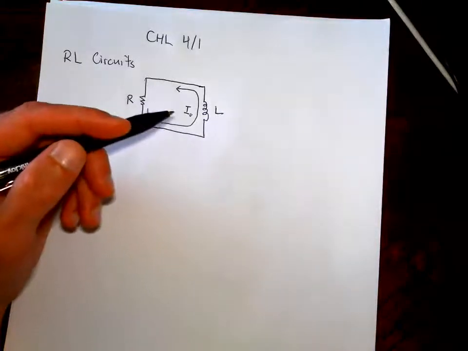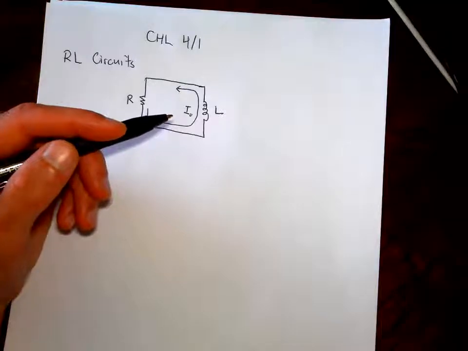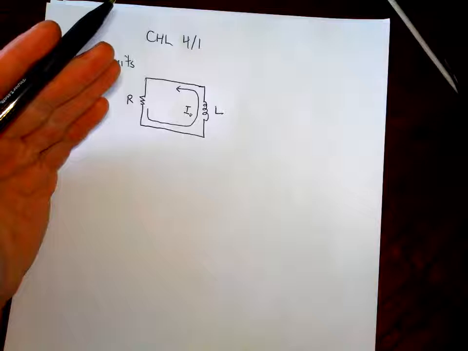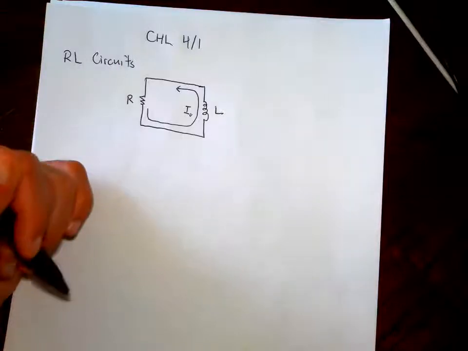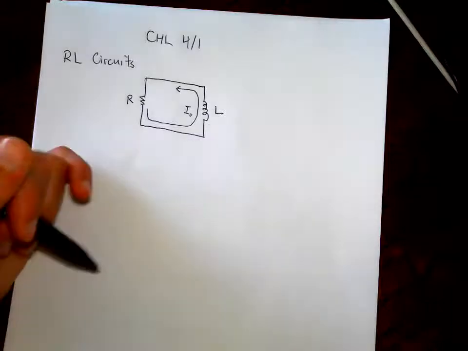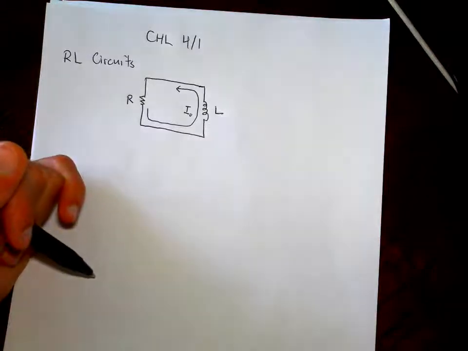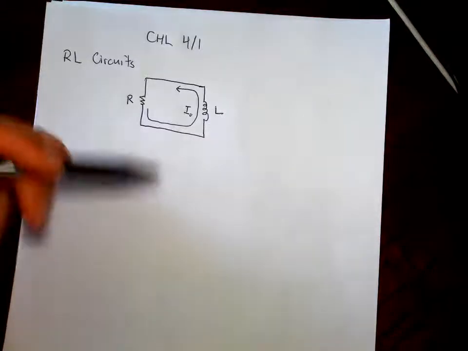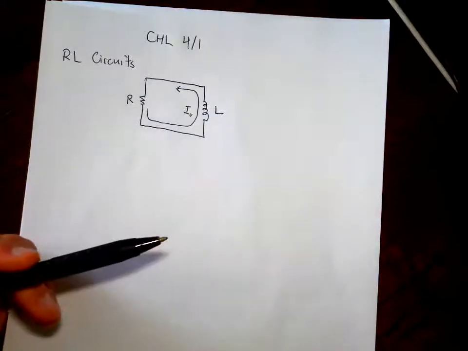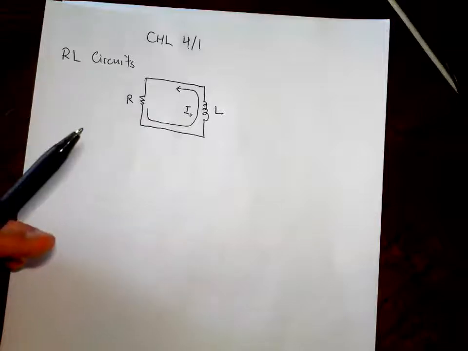Generally speaking, if you shut the source of the current off, the current will just stop immediately. But because we have this inductor, which doesn't like changes in current, it's going to keep the current going longer than it normally would.